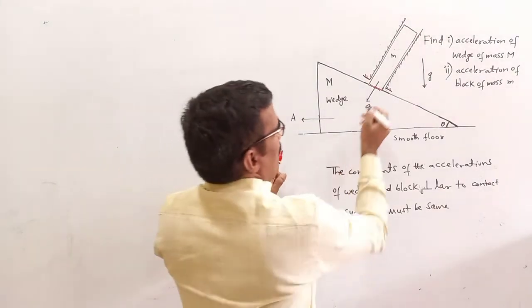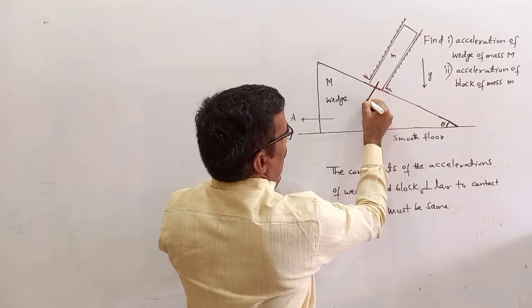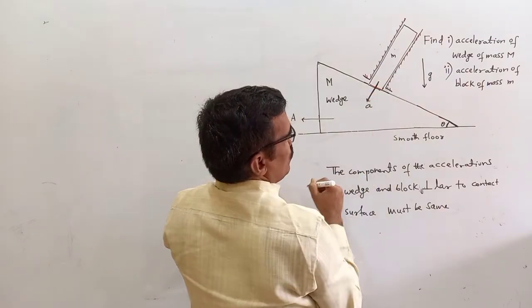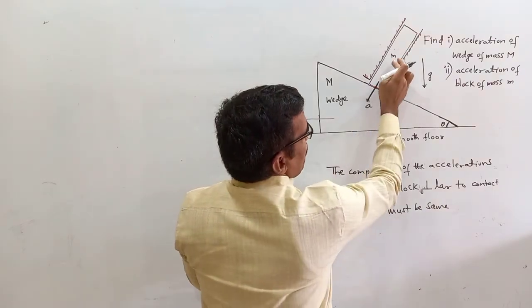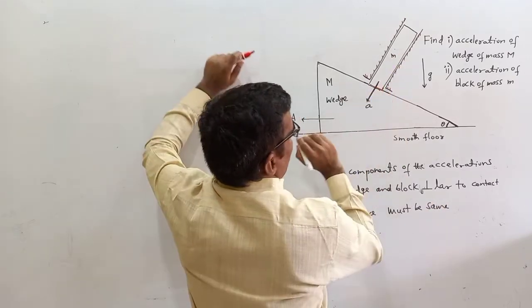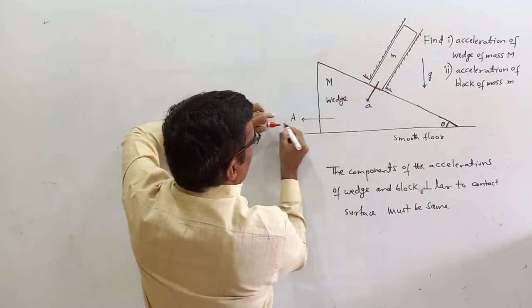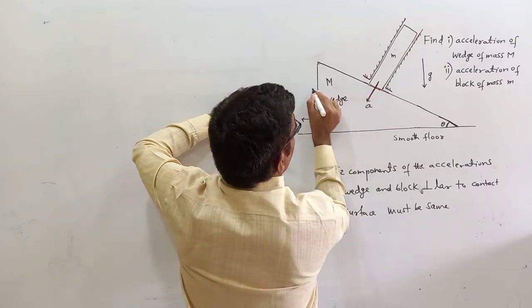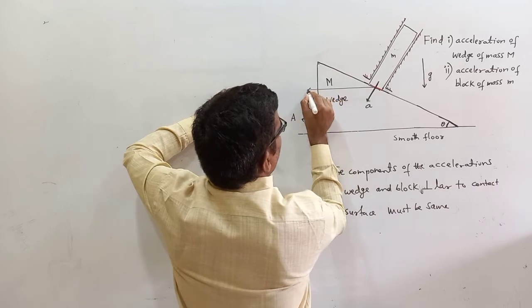Okay sir? Perpendicular to the contact surface, the acceleration of small m is a. What about capital M? This side, acceleration A, also in the same direction.